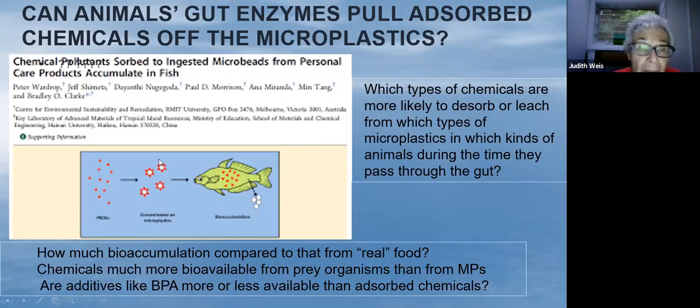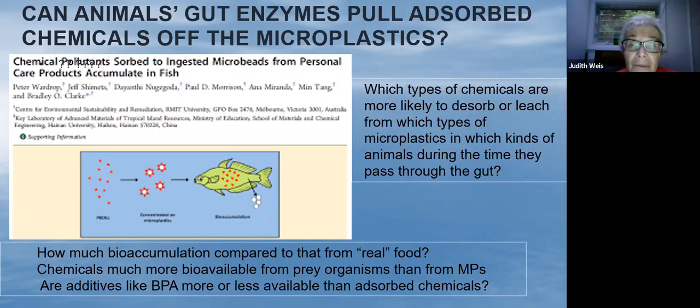Here's your microplastic with the PBDEs attached to it. Then in the fish it cleans off, and here's the chemical in the fish, and the microplastics get pooped out. So in this particular study, they did act as what we call a vector for transferring these chemicals into the organisms.